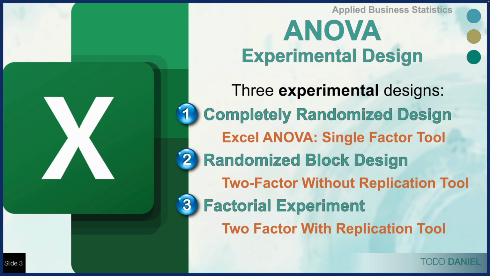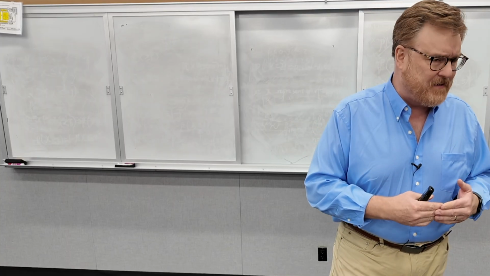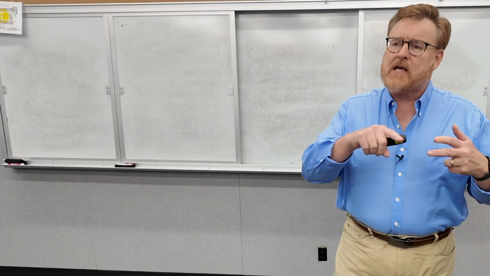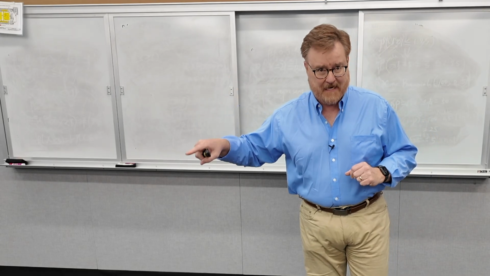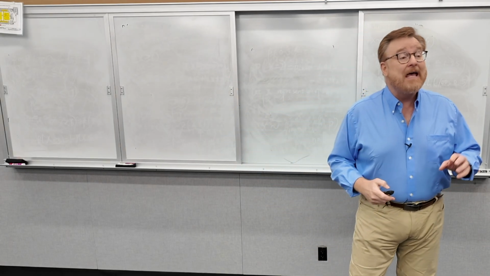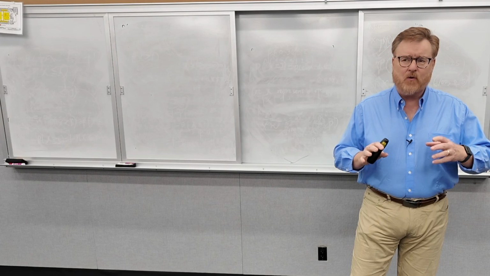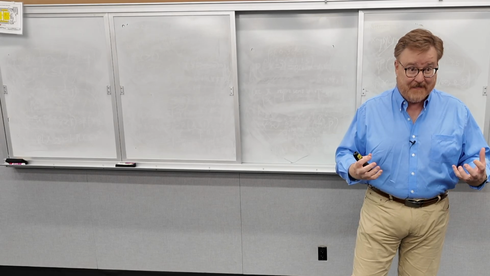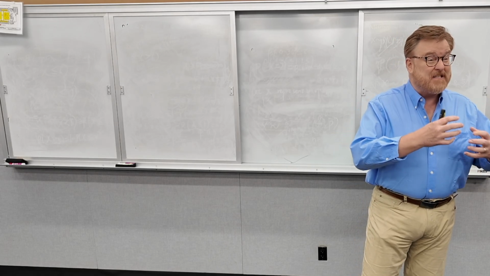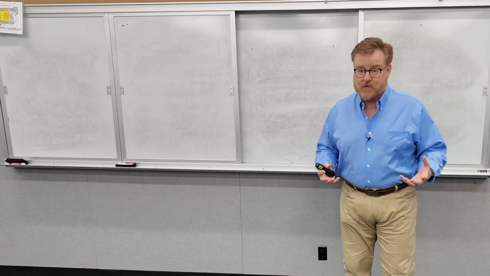You remember with the one-way ANOVA, we only had 1 independent variable. With a factorial experiment, we can have 2 independent variables and see how each one of those influence an outcome. And more particularly, if they influence an outcome in such a way that we have an interaction and the outcome is different for different groups.